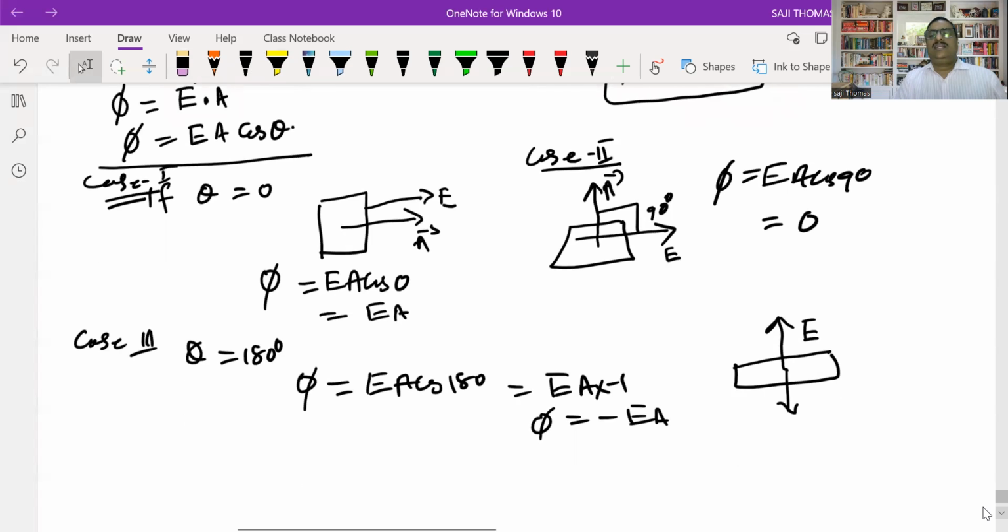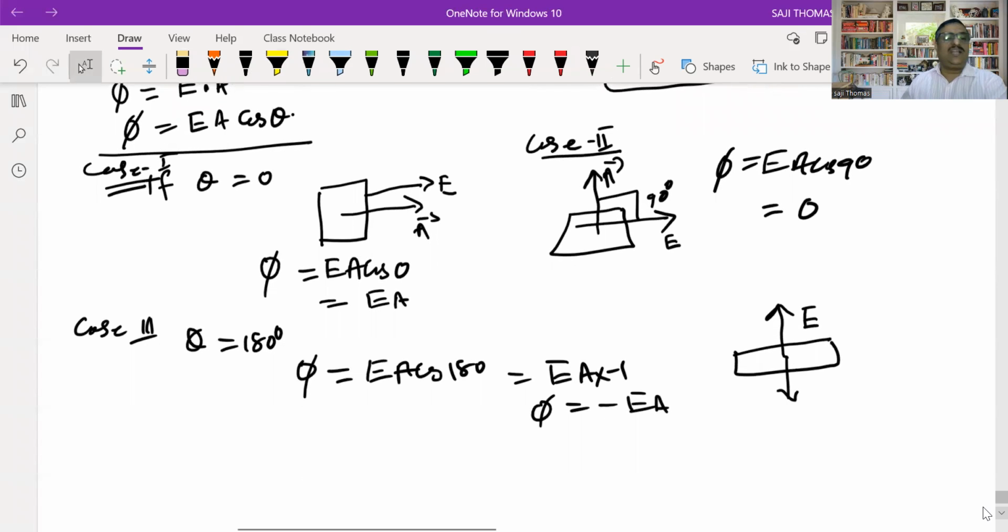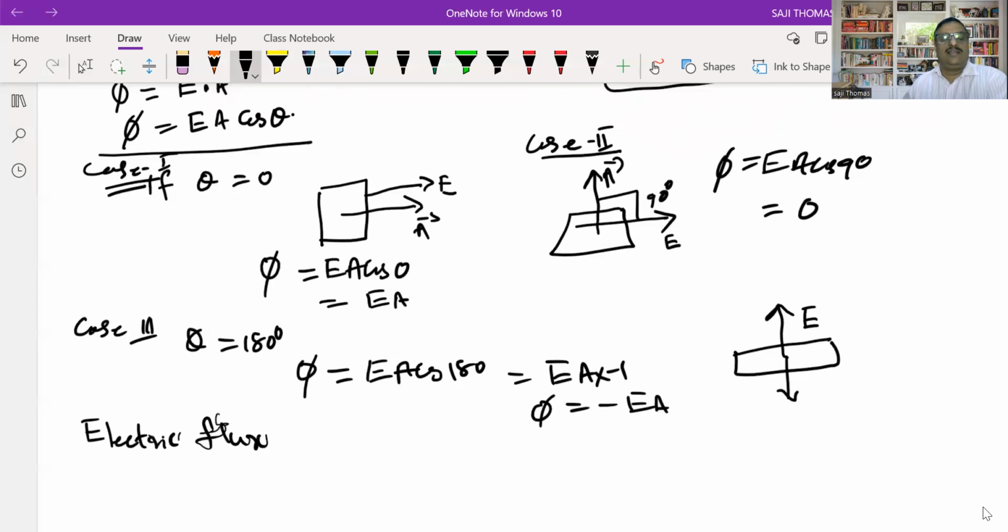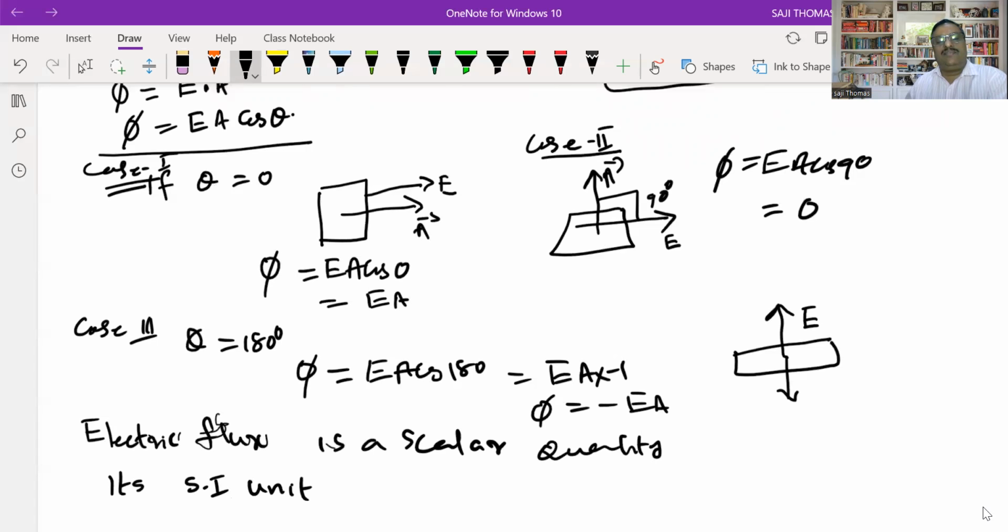Okay. Now this electric flux is a scalar quantity. Another important point you have to remember: electric flux is a scalar quantity. What is its SI unit? Electric flux is E into A. Electric field, what is the unit? Newton per coulomb.